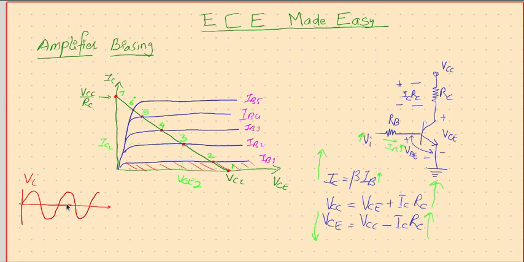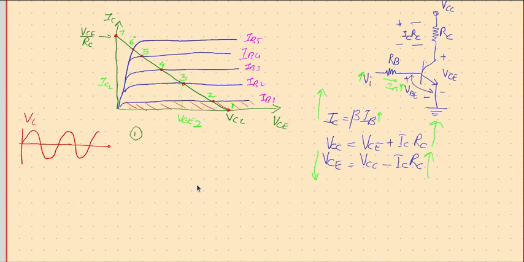So if we have input like this, and if the operating point selected is 1, then what will happen is, till your voltage reaches this level, or till IB1 starts, there is no base current, and hence there is no collector current, and hence there is no voltage across RC.